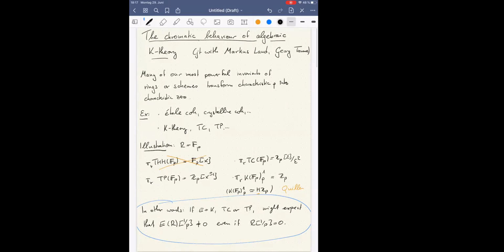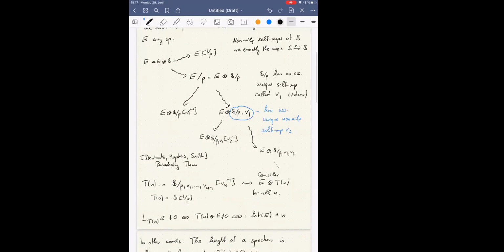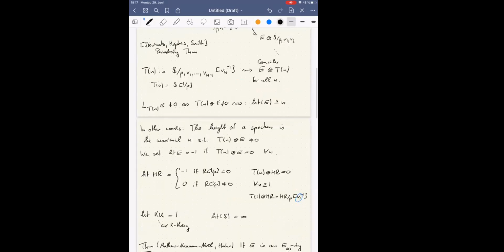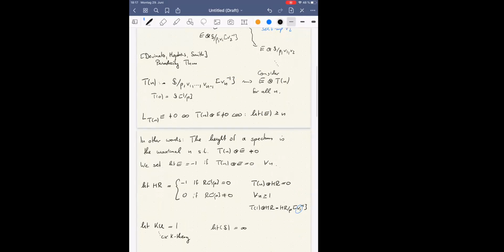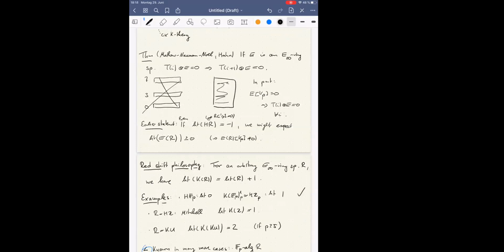I said this is a special case of a much more general philosophy, namely that we expect K-theory to shift height by 1. So maybe not quite always, but at least very often, and I gave a number of examples.